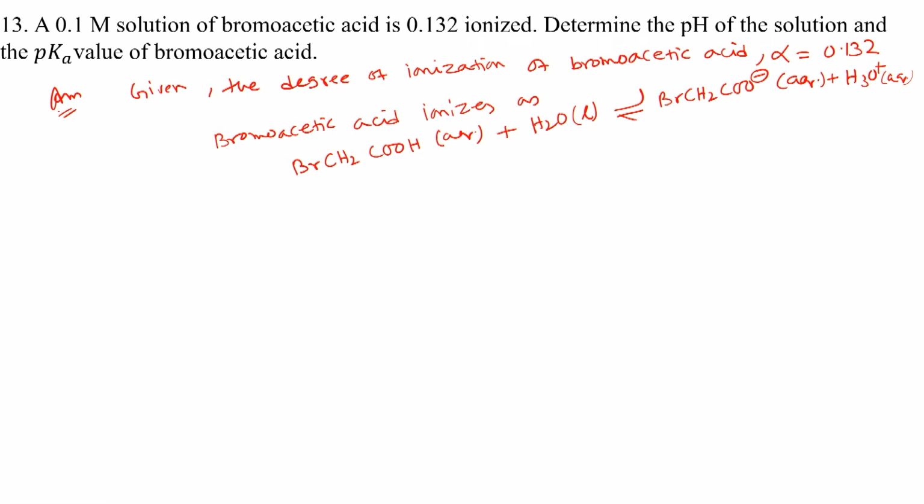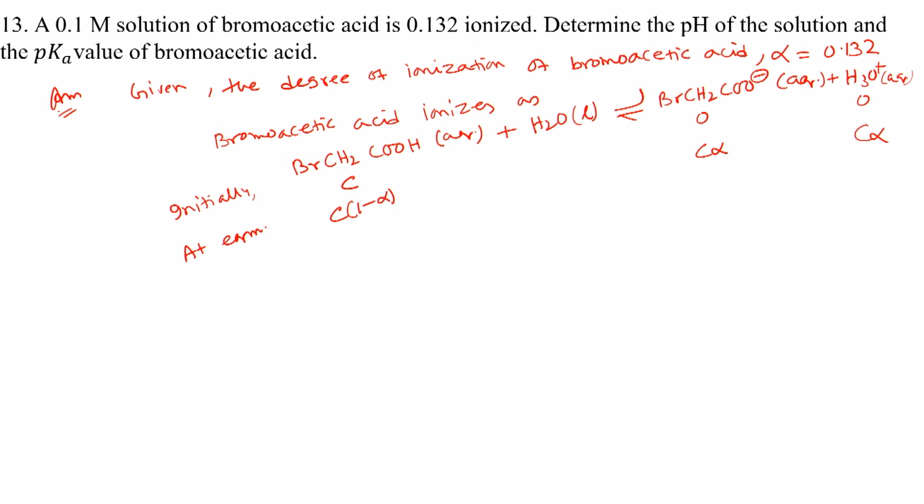So if the initial concentration is C, initially we have C moles of bromoacetic acid and then 0 moles of bromoacetate and 0 moles of H3O plus, and at equilibrium we have C times 1 minus alpha, C alpha, and C alpha, right.